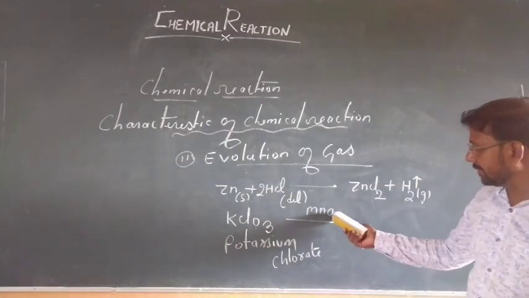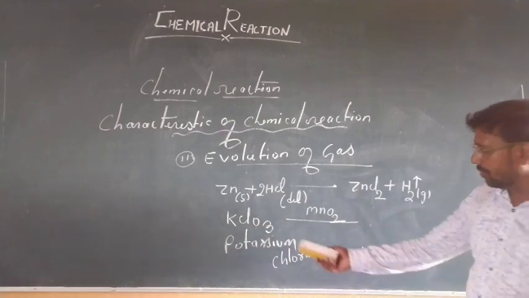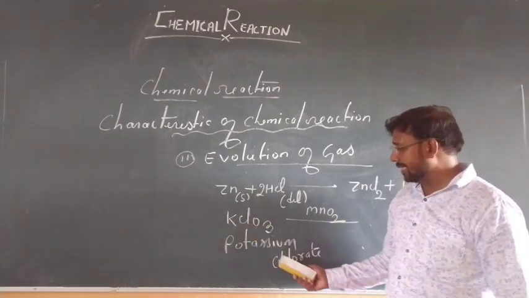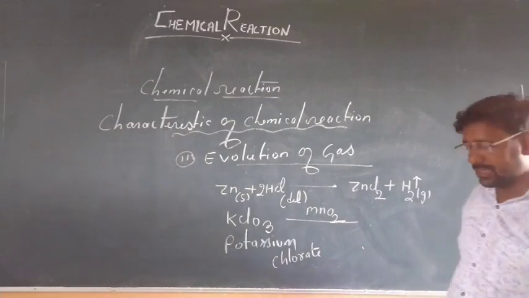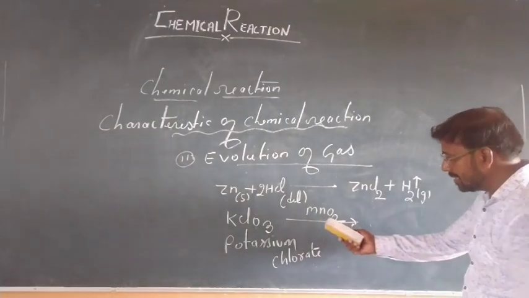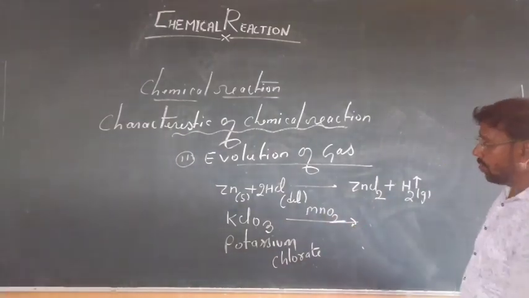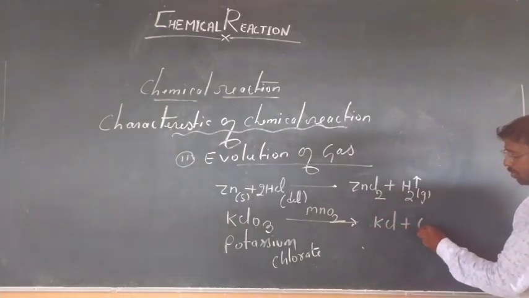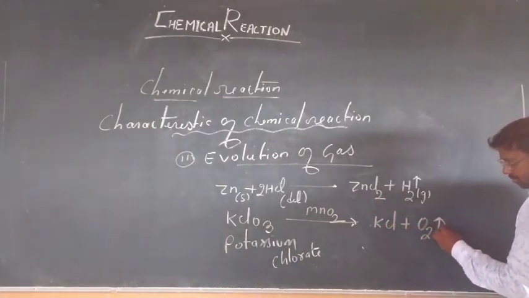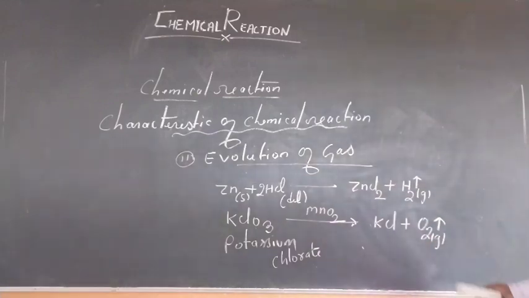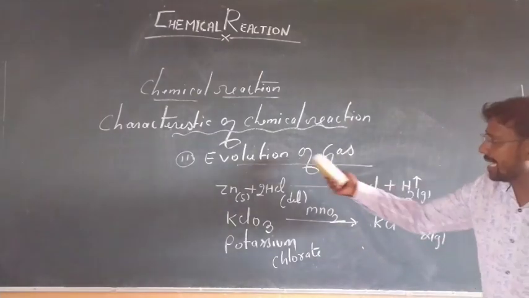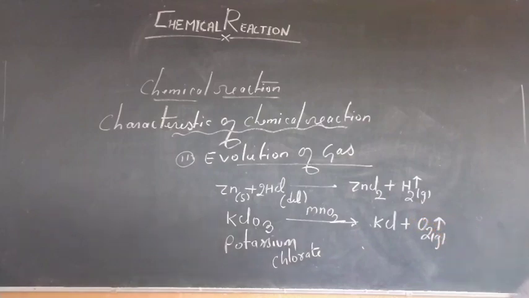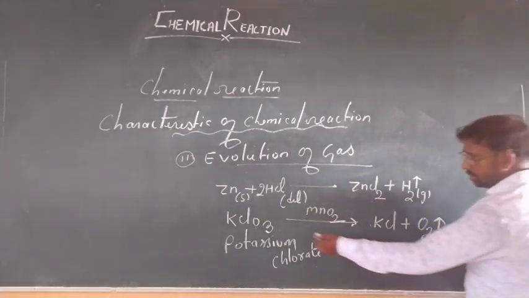When potassium chlorate is heated in the presence of the catalyst, manganese dioxide, what will form? Potassium chloride and O2 gas. You can see that evolution of gas will take place.